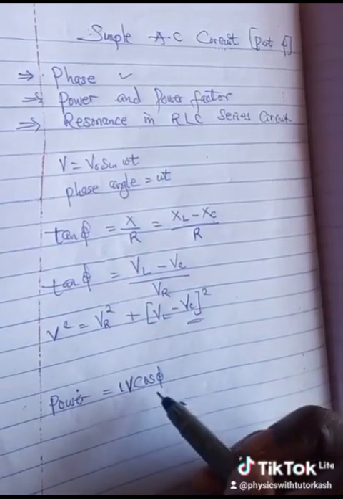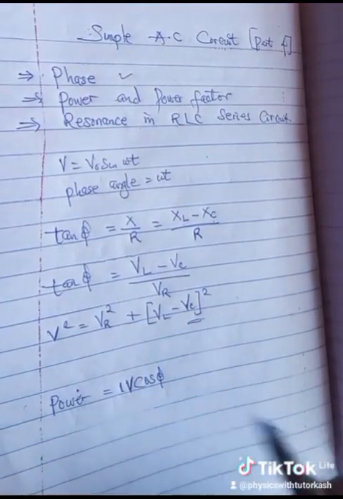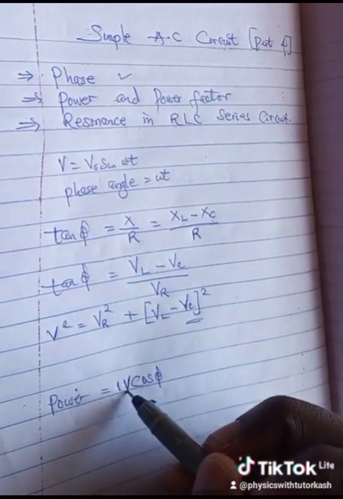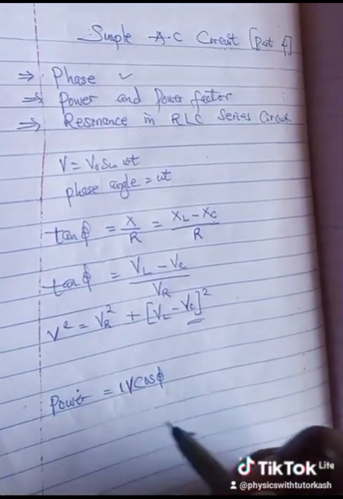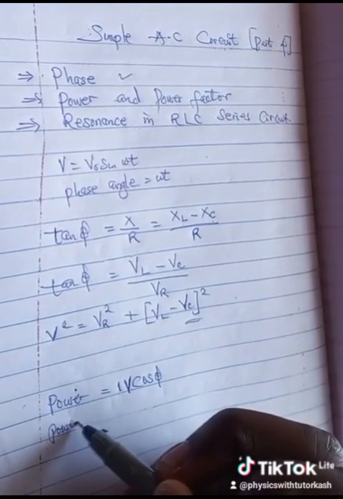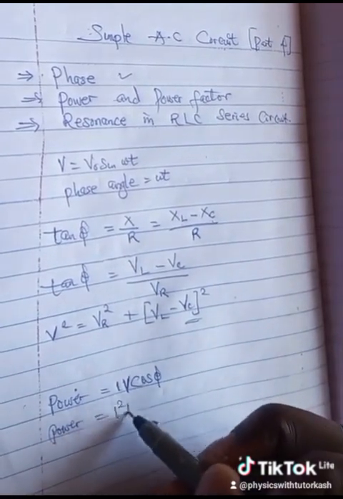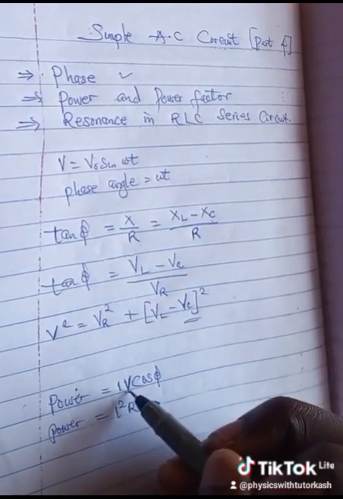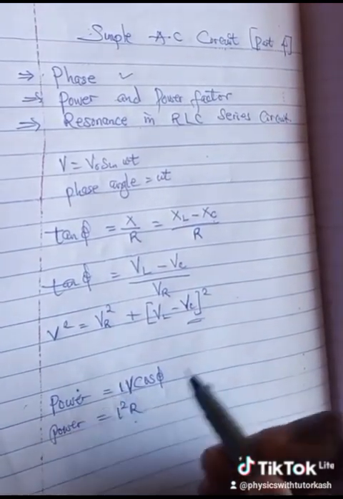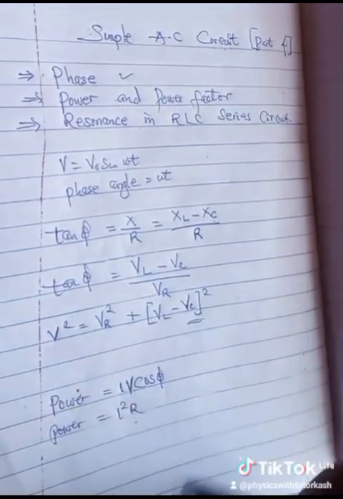So this is the power of the system. And if this is a resistor only system, we can say that power is simply equal to I squared R. Remember, you cannot use this for this one because this is not a resistor only system. The voltage just simply means the voltage you're having here.